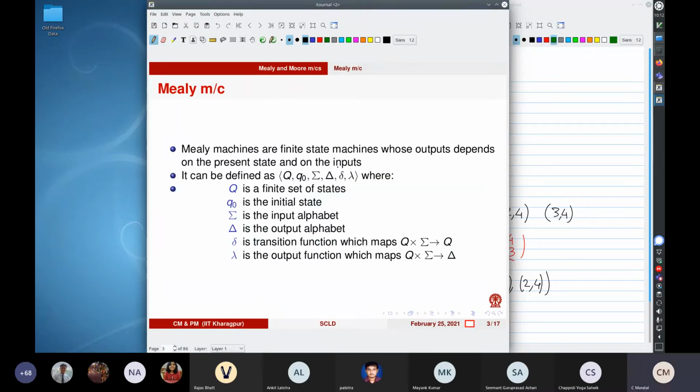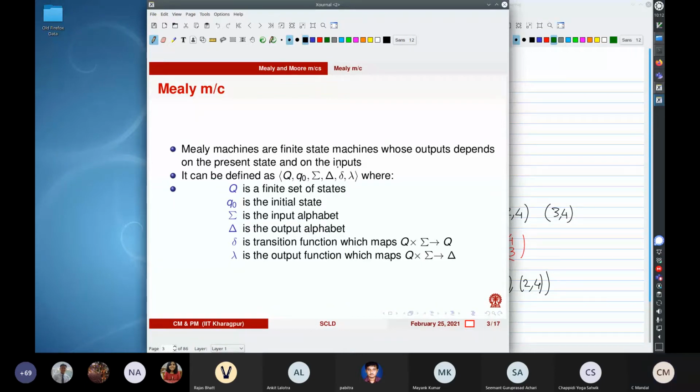You're familiar with finite automata, right? You've already studied finite automata, I think. Is that correct? Yes, in FLAT you have studied finite automata.